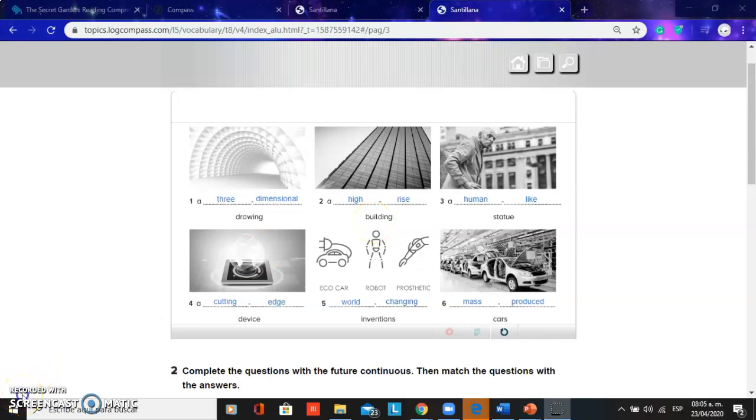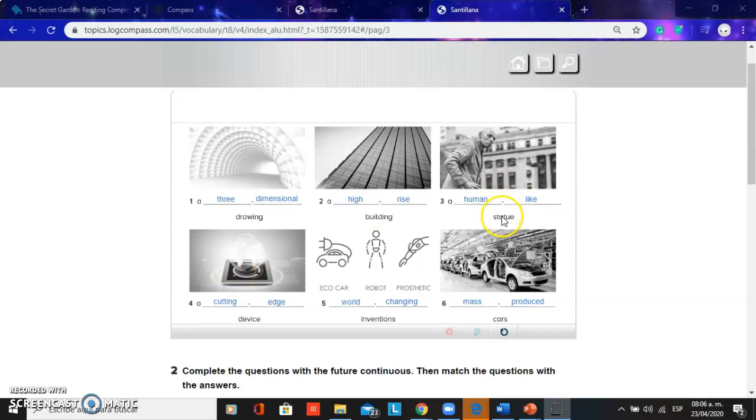If you remember, we wrote in the definition that high-rise means having many floors, and we're talking about a building, okay? So here, as you can notice in the image, that is a building, and the correct compound adjective is high-rise. For number 3, we are talking about appearance.